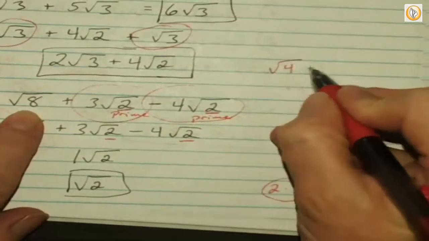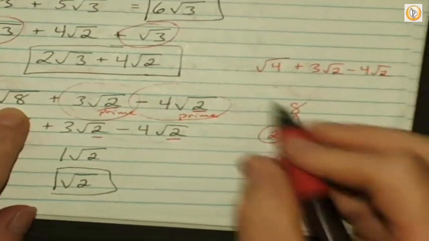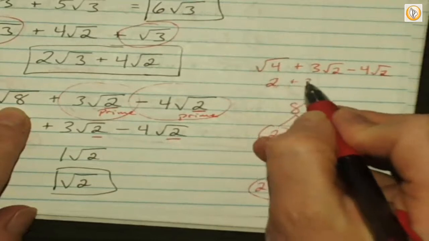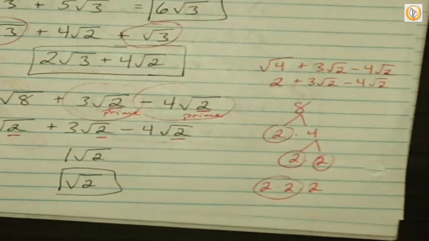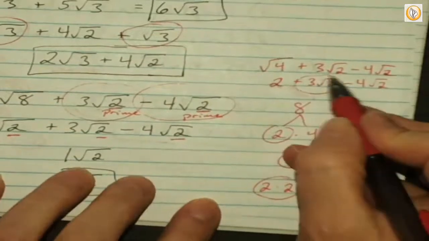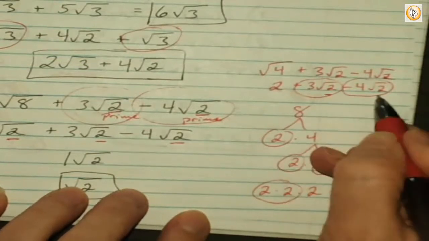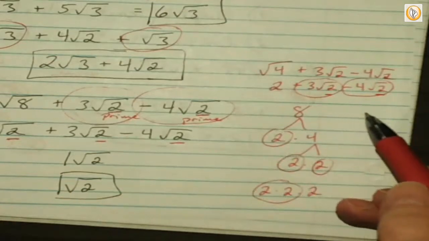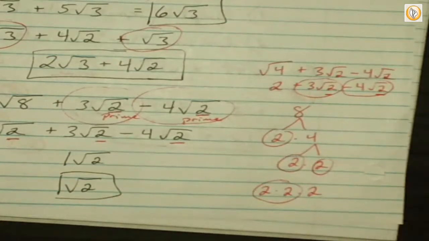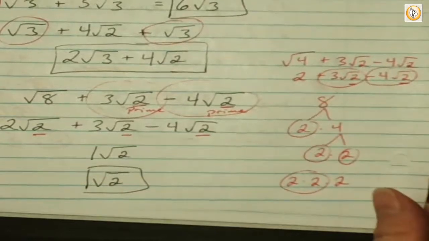So this would be 2 plus all of this. By the rules of adding and subtracting radicals, these two would still be the only ones we can combine, because you have to have the same radicand. So it would be 2 minus 1 times square root of 2. Good question. Chap and Sophia, do you understand that? Okay, y'all ready to move on?